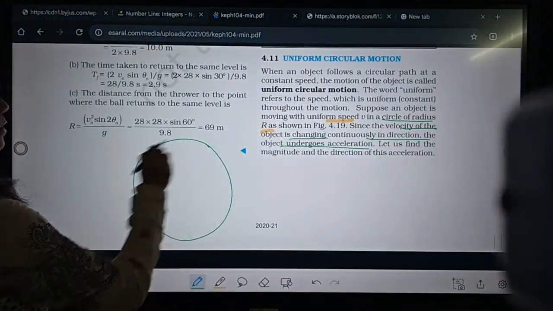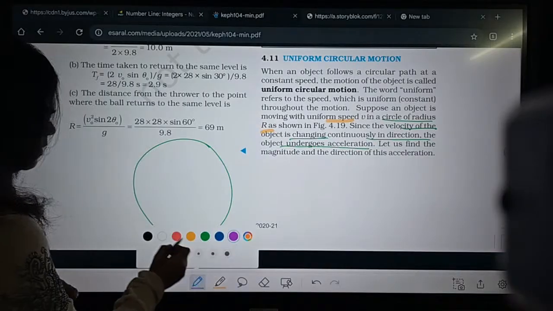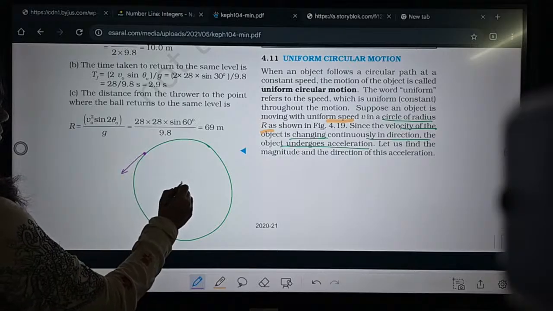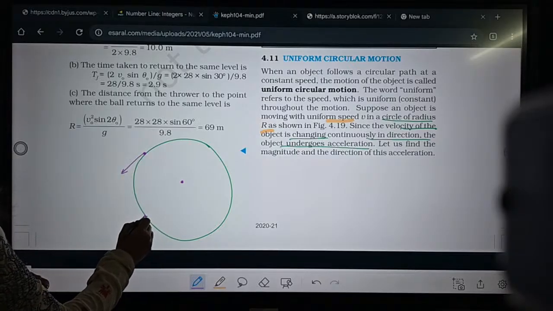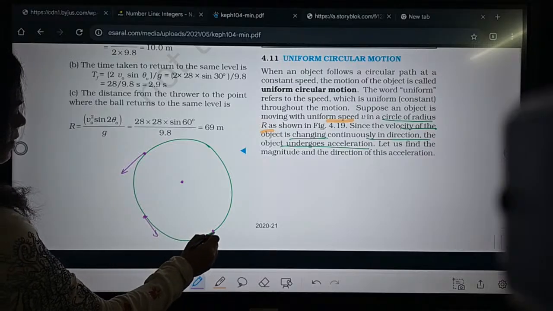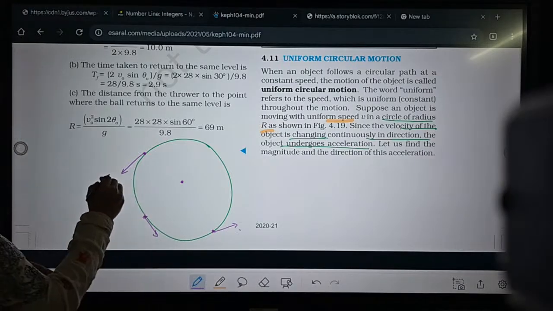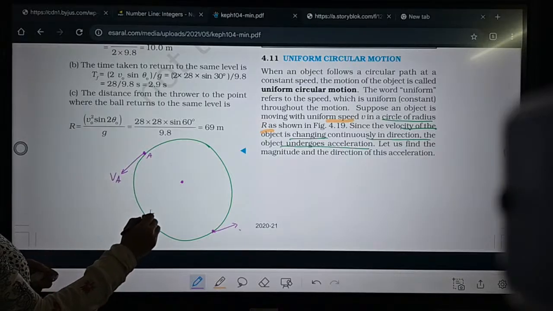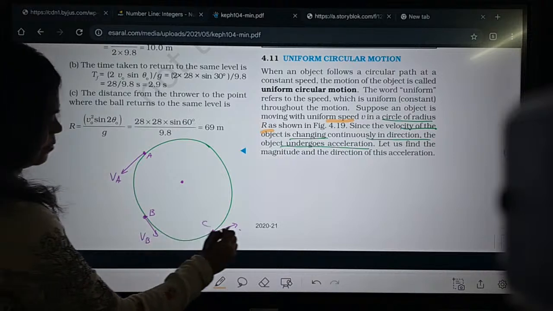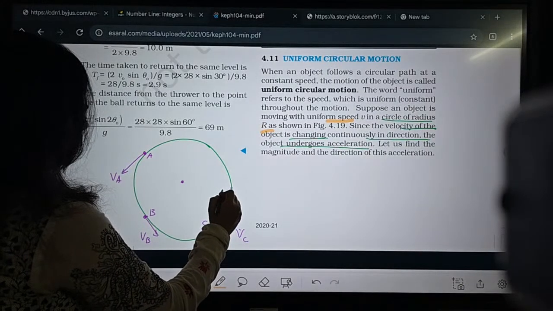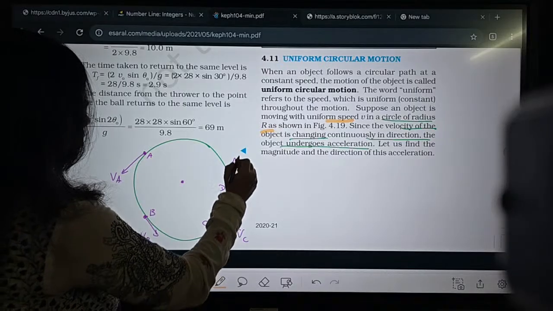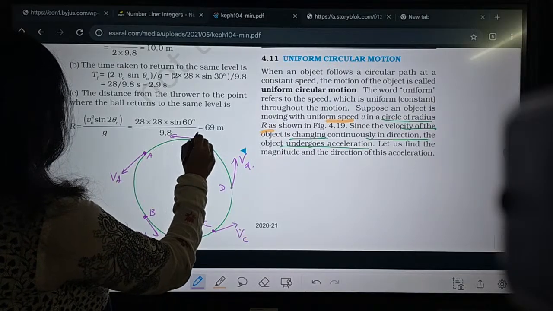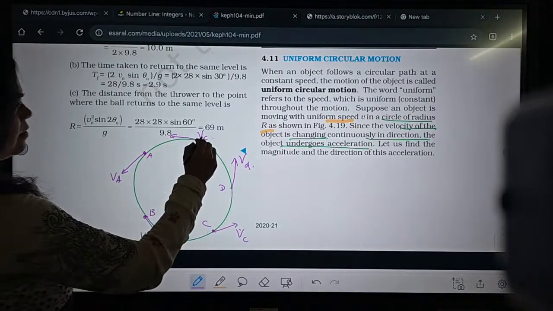You are considering a circular motion of an object. The object is moving like this. Say it is moving with some velocity: at point A, velocity VA; at point B, velocity VB; at point C, velocity VC; then D, VD; E, VE.